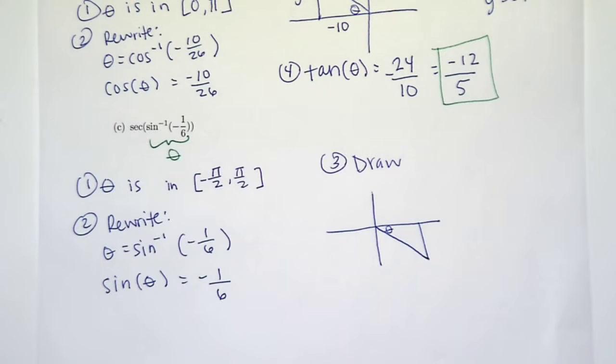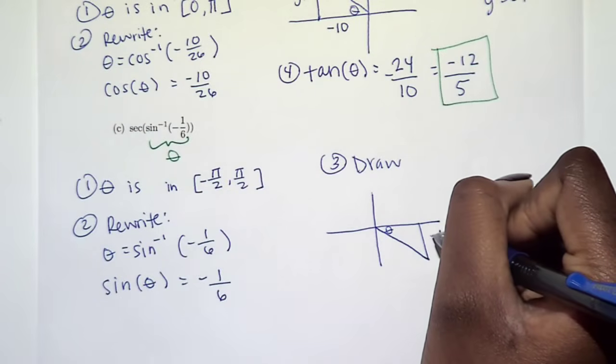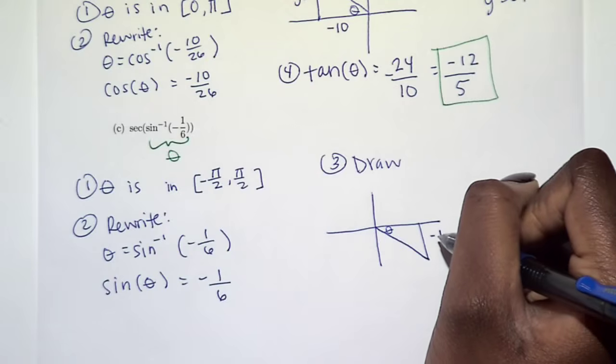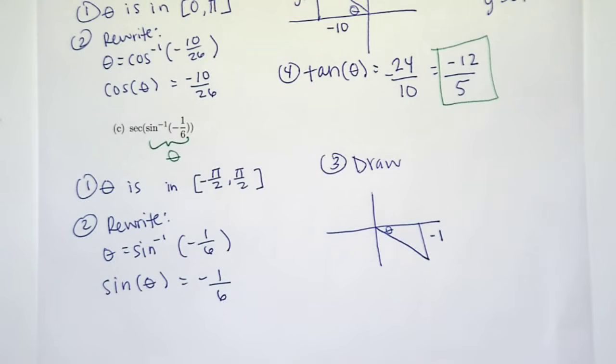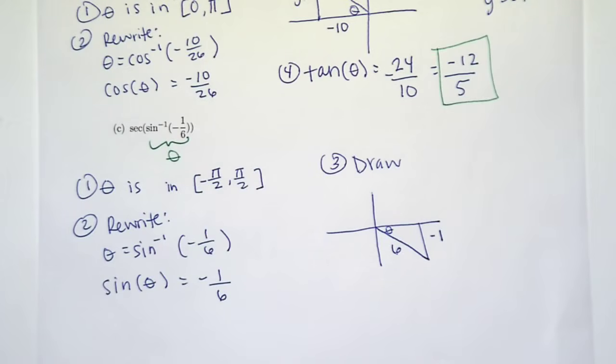Okay, so sine is opposite over hypotenuse. You can use positive or negative numbers and just figure out what it's supposed to be at the end if you want.